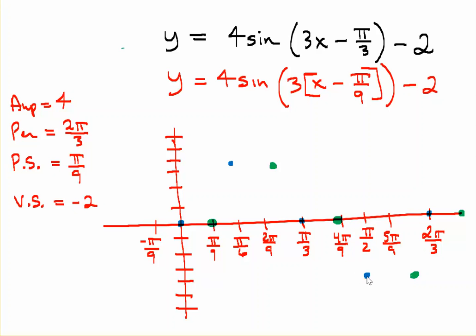Pi over 2 plus pi over 9, doing some work there, will get you over here. And again, so on and so forth. Then we also have to move down 2 units. So down everything. This is one I'm checking right here, if this makes sense.